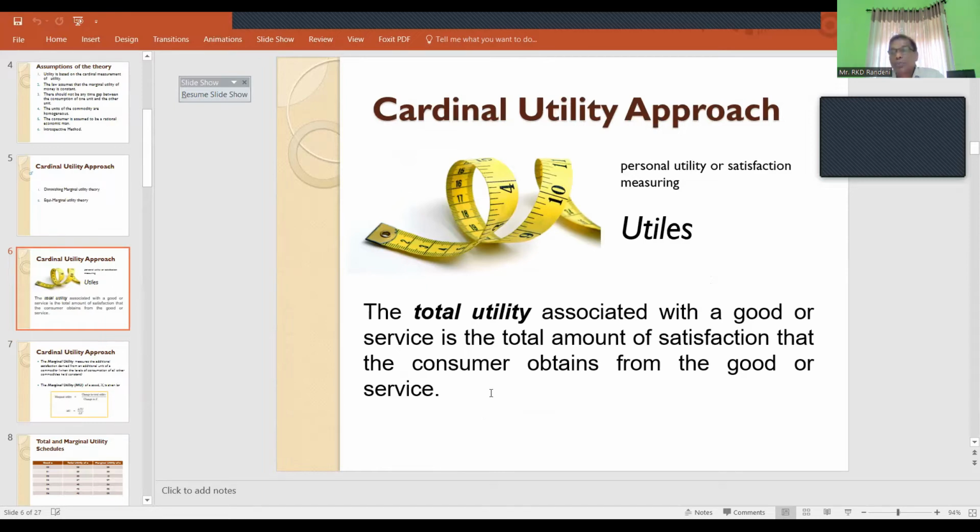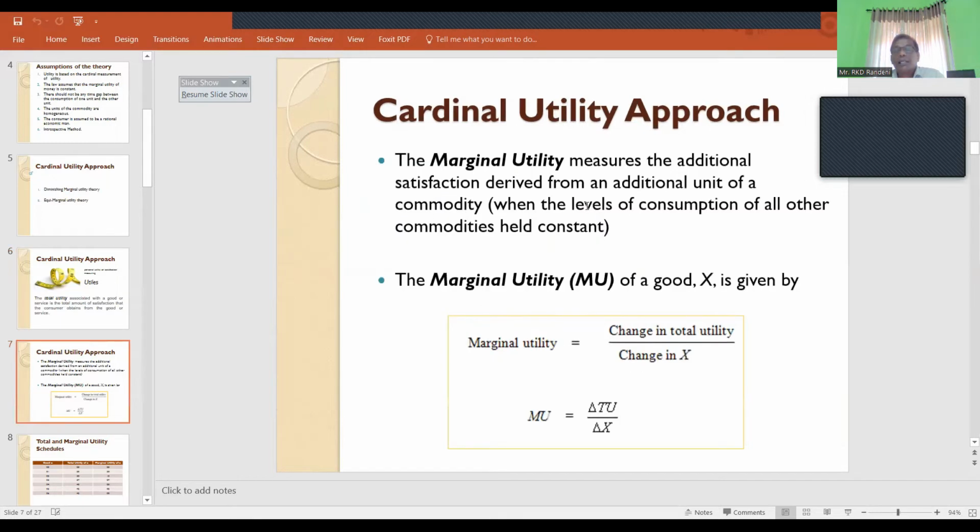I will take numerical data, then you can realize how to calculate total utility. Marginal utility measures the additional satisfaction derived from an additional unit of a commodity when the level of consumption of all other commodities is held constant.